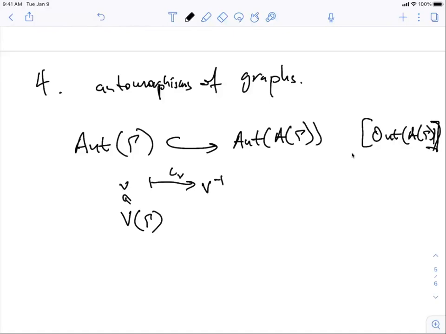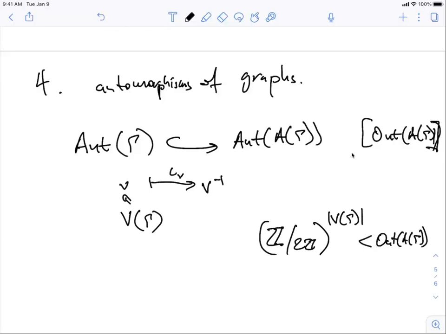And so then you have this group isomorphic to Z mod 2Z to the number of vertices of gamma, which is a subgroup of Out of A of gamma, or Aut of A of gamma if you prefer, which is generated by inversion of vertices.